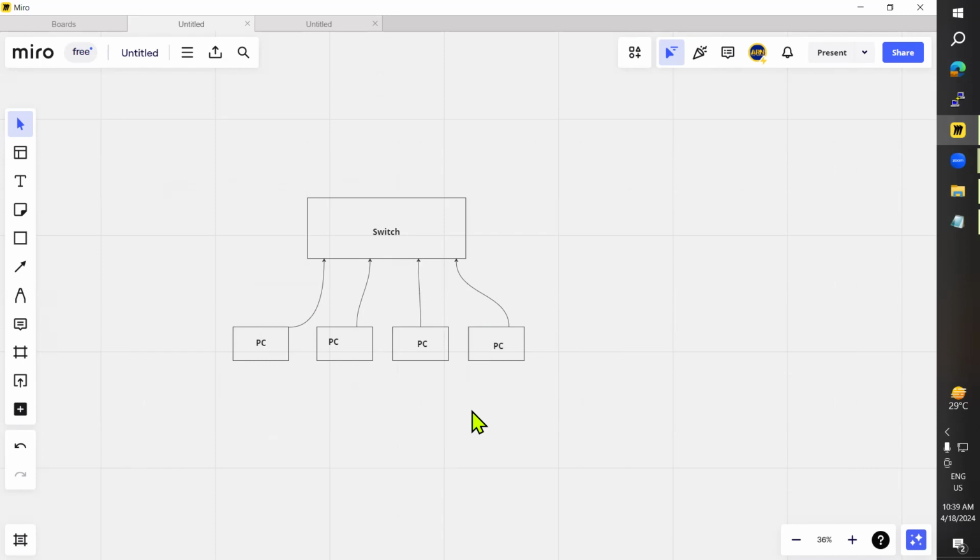The communication between two or more interconnected devices is called networking. Networking is maintaining, troubleshooting, and managing the network.